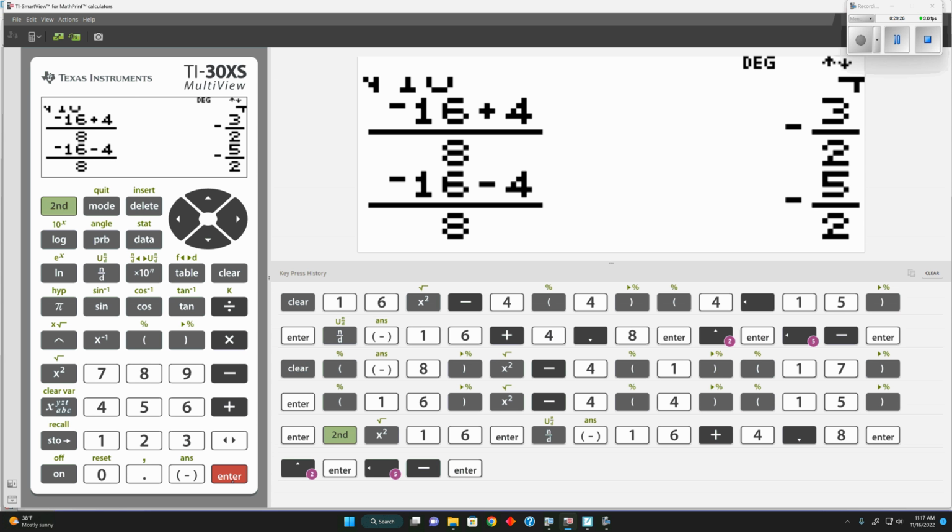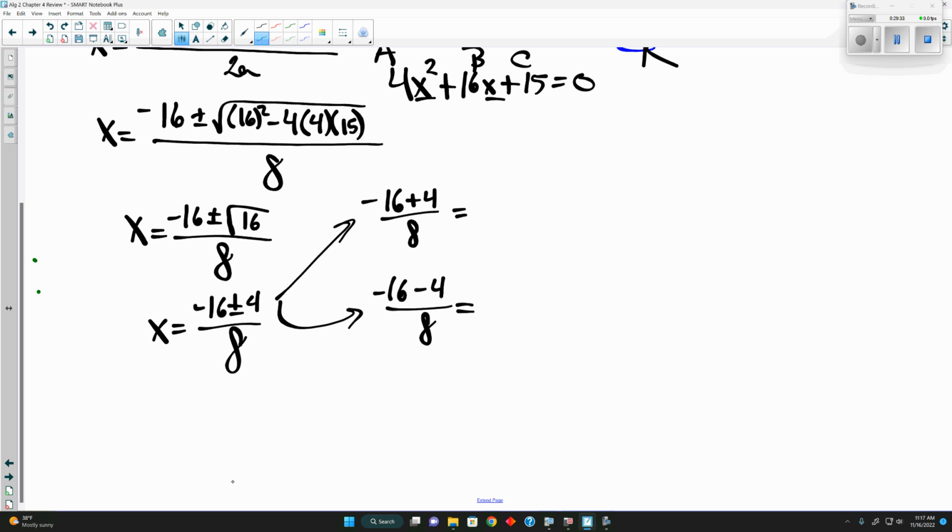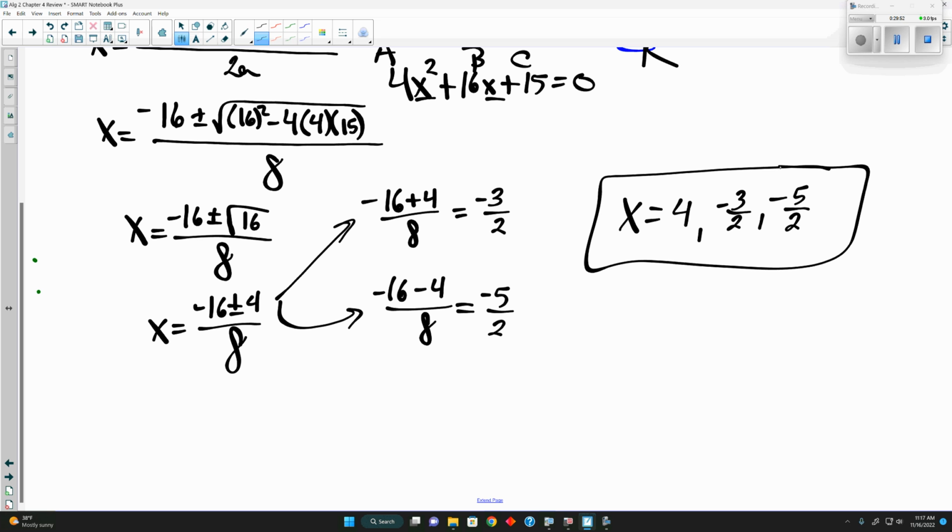So negative 16 plus 4 over 8 is negative 3/2, and negative 16 minus 4 over 8 is negative 5/2. So we have negative 3/2 and negative 5/2. Those are the other two solutions. So that tells us x is equal to 4, negative 3/2, negative 5/2. We found all three, and we're finished. Any questions on any of these here?